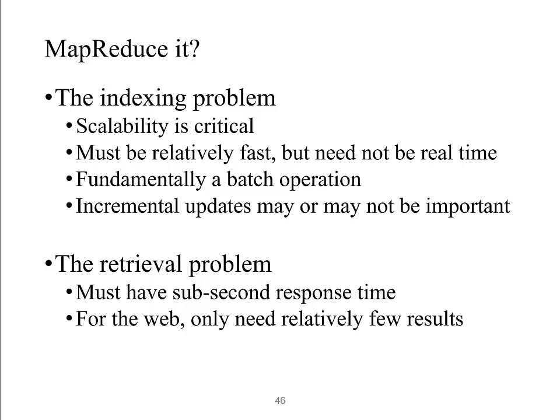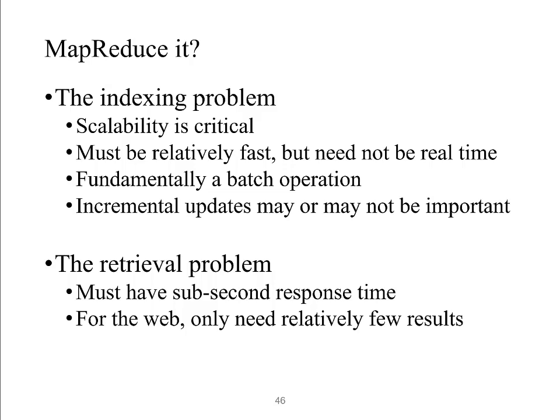Because MapReduce can handle a large amount of data, and it is relatively fast but not real time. Even with Spark, it's not that real time, because it still involves traffic between machines in the cluster. It's a batch operation, just like we do in MapReduce.